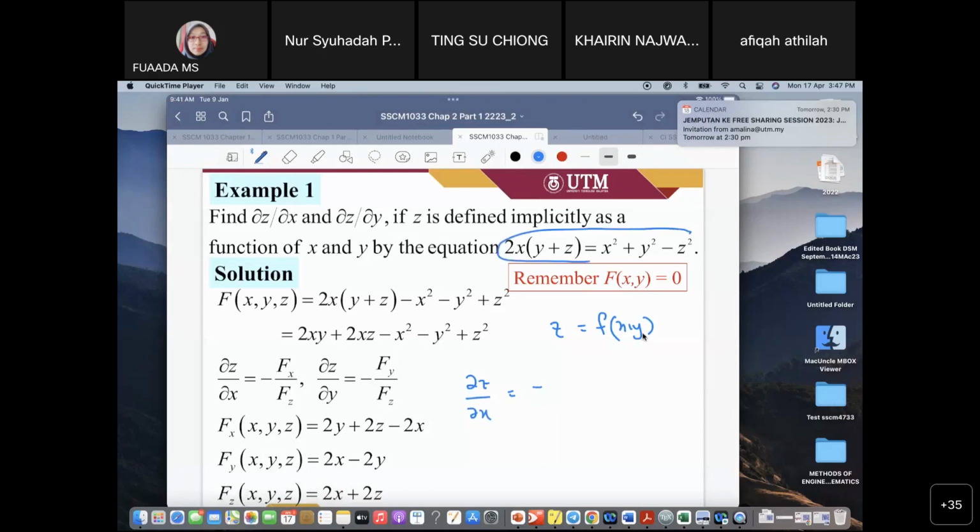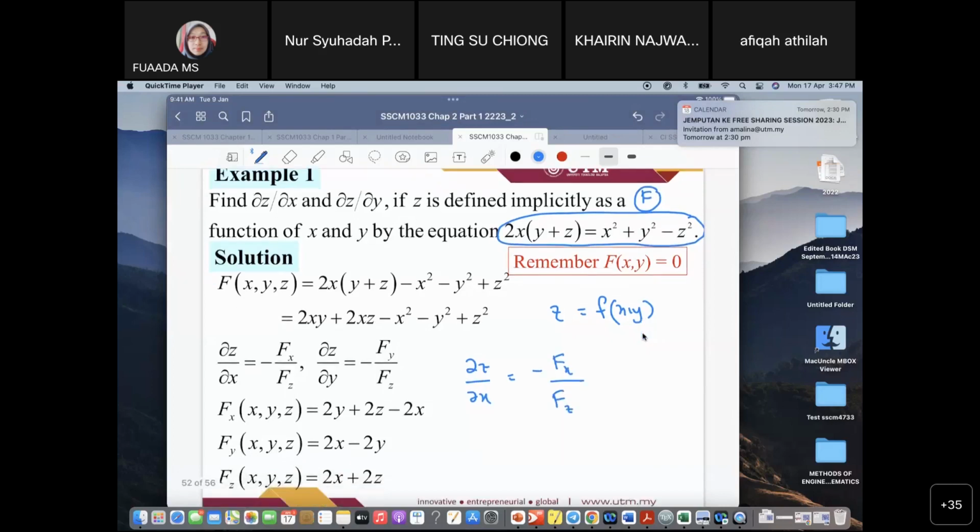Your function here belum lagi sama dengan kosongan. Jadi you kena kosongkan. So bila dia kosong nanti you akan bagi nama baru iaitu capital F. Okay, so negative f of x divided by f of z. So that is the formula. And del z over del y, negative f y over f z.